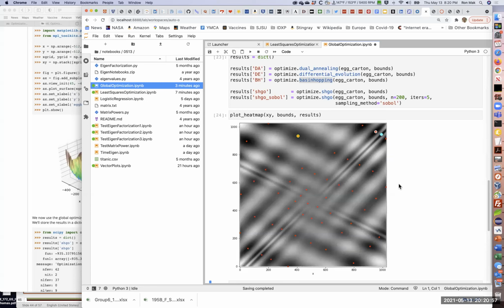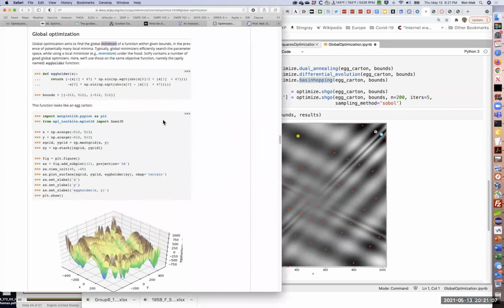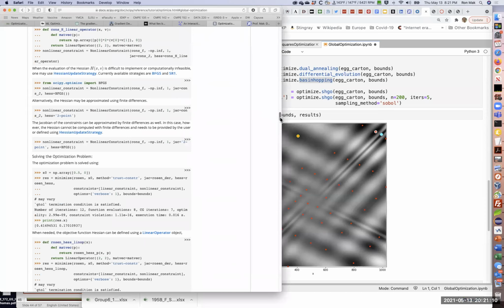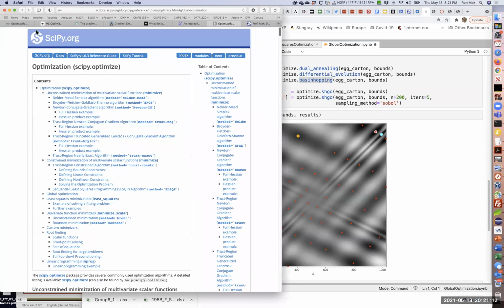So anyway, this is some code that is doing gradient descent, and I found this on the Python page that basically has the description of this optimization function. You can see it has many, many options.